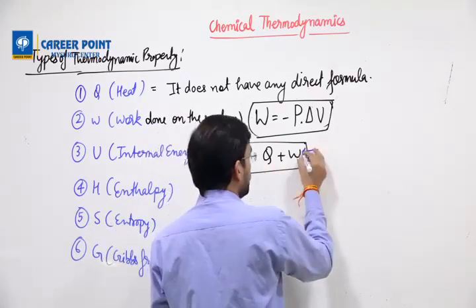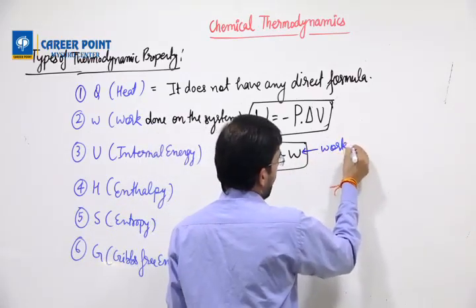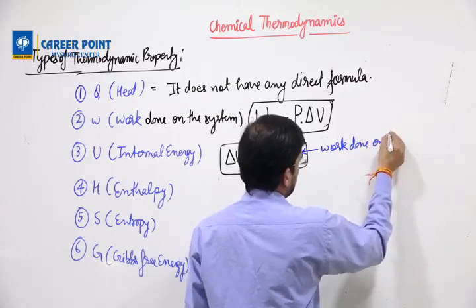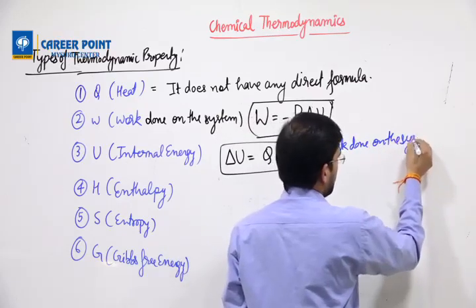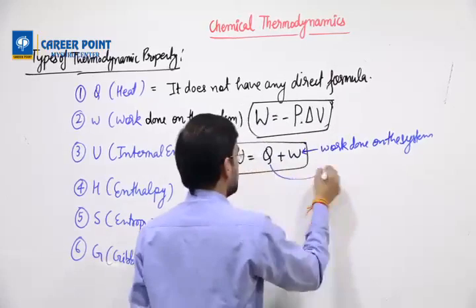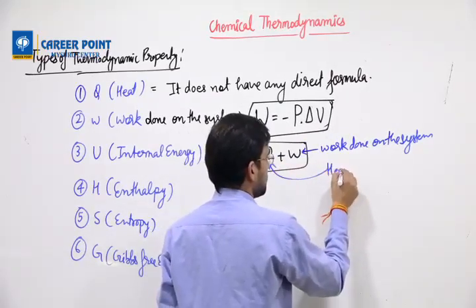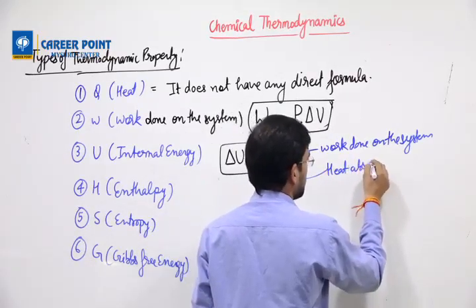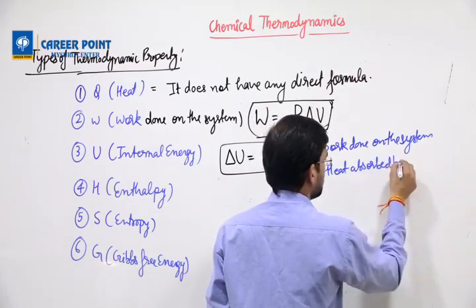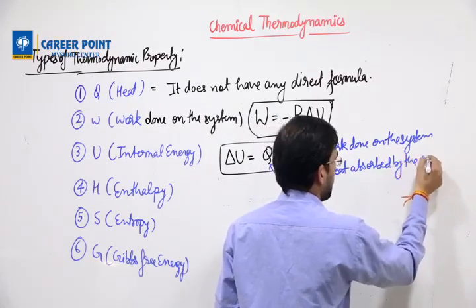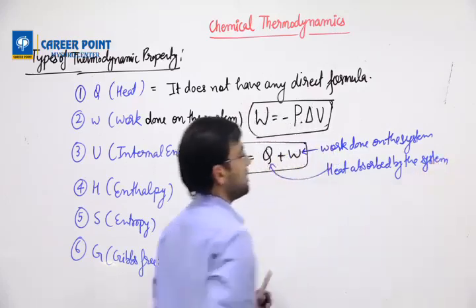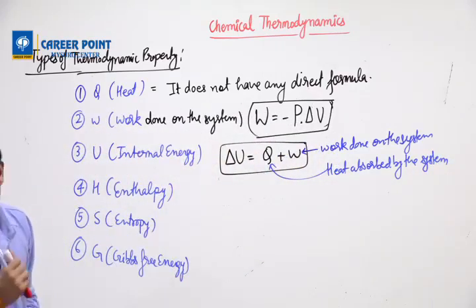This W is work done on the system. This Q is heat absorbed by the system.